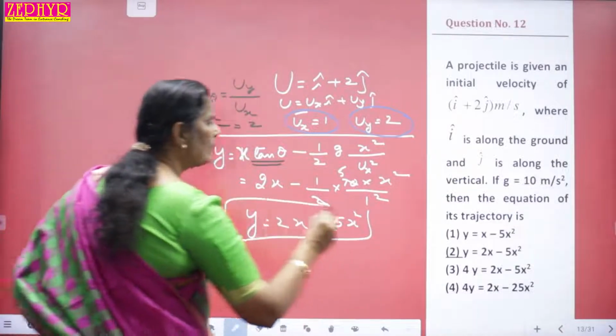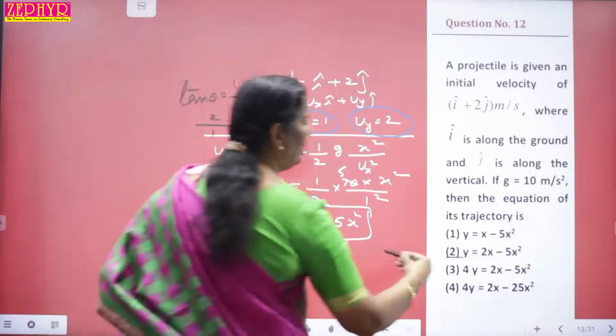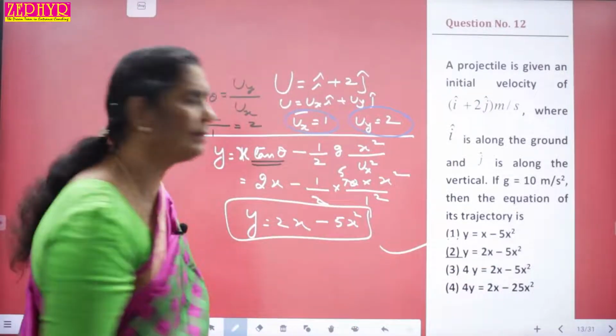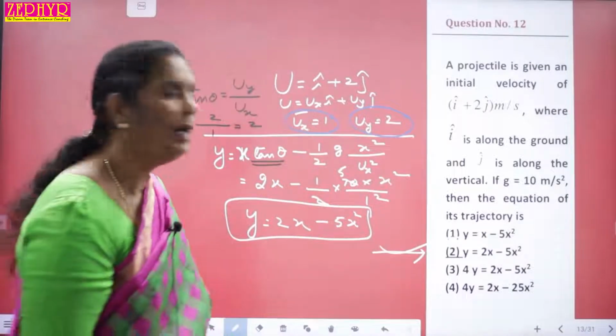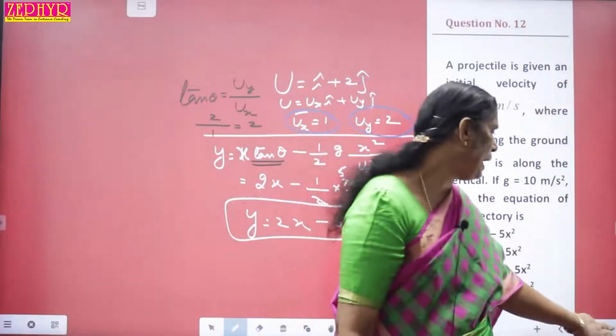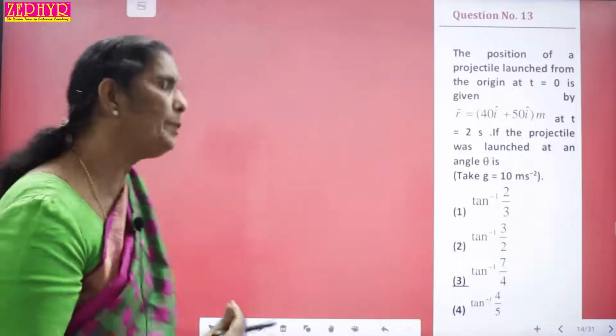So the equation of the path will be y is equal to 2x minus 5x square. The second choice will be the correct answer. Like that, very simple. Tan theta can be found from the equation, and ux is already substituted.